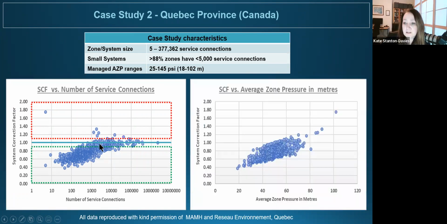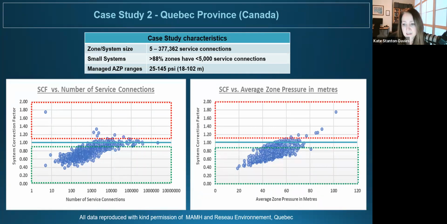We can also see the result plotted, the system correction factor on the y-axis against average zone pressure in meters on the x-axis. Again, we see that lovely relationship that as average zone pressure increases, so does the system correction factor. Just another way to see the spread of data for those zones or systems which have an SCF below 0.9 in the green dotted box, and those which have an SCF of above 1.1 sitting in the red box.